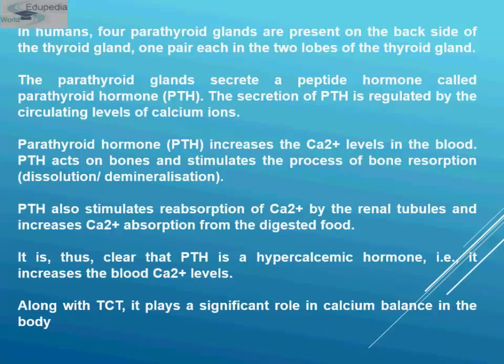It acts on the bone and stimulates bone resorption, which is dissolution or demineralization of bones. PTH also stimulates reabsorption of calcium ions by the renal tubules of the kidney and thus increases calcium ion absorption from the digested food.